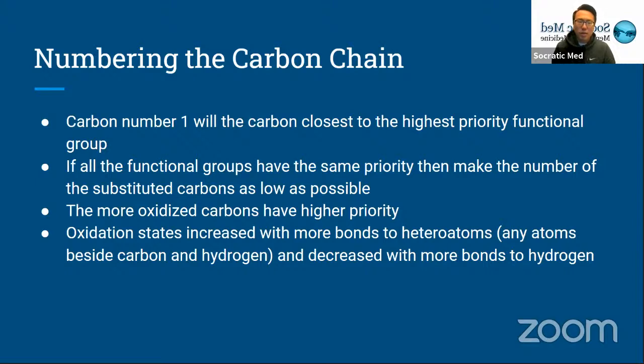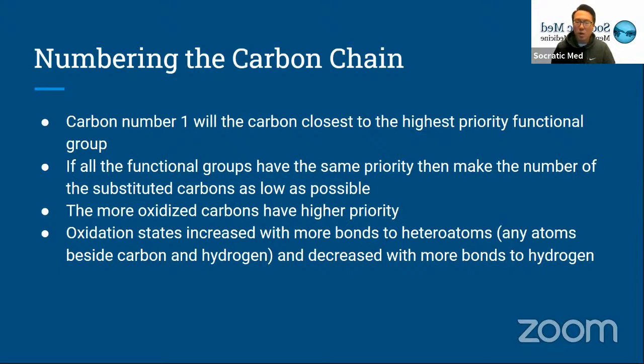So just to go over oxidation states, it increases when the carbon has more bonds to heteroatoms, which are atoms besides carbon and hydrogen, like oxygen, nitrogen, anything more electronegative than carbon. Those will increase the oxidation state. Carbons that have fewer substituents and more bonds to hydrogen will have a decreased oxidation state.